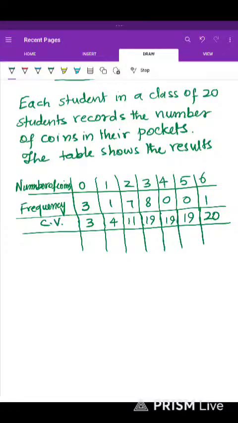What we find here is summation f, right? The summation f is when we add all values of frequency. That is the summation symbol. Summation f is equal to 20. When you add all frequency values, 3 plus 1, 4 plus 7, 11 plus 8, 19 plus 1, 20. So the sum of all these frequency values is 20, right?